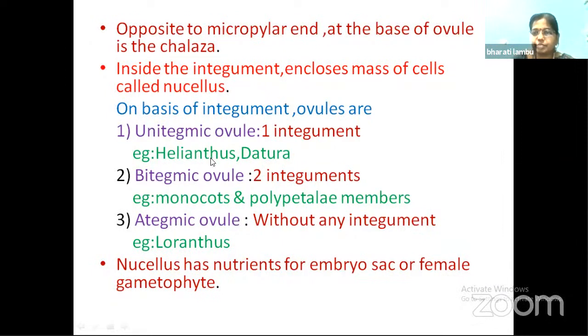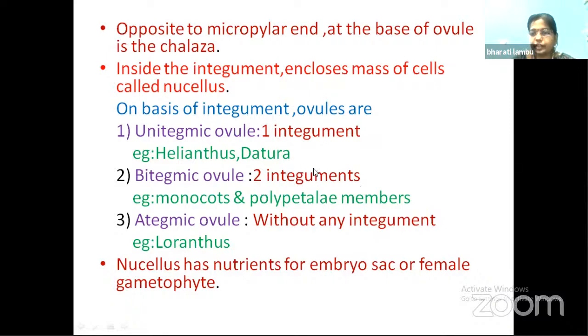Helianthus means sunflower, which belongs to the Asteraceae or Compositae family. Datura belongs to the Solanaceae family. So in the Solanaceae and Compositae families, the ovule is unitegmic, with only one integument. Bitegmic ovule means two integuments are present.